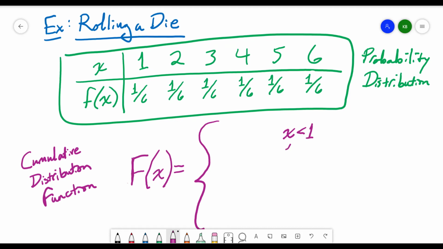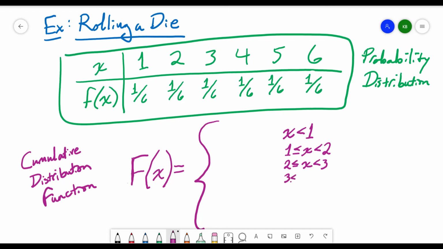Then I'll take values of my random variable that are greater than or equal to the smallest value and strictly less than the second smallest value. And I'll progress this way until I've reached the top value.